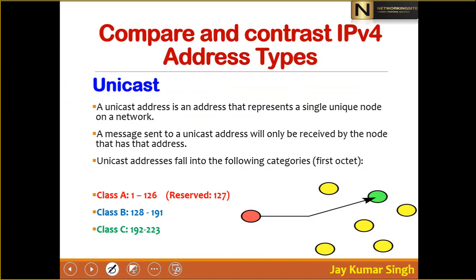Now, when we talk about unicast, what do you understand about unicast? Unicast means one to one communication, right? If I want to ping you, I will ping you. That is known as unicast communication, meaning sending data from a specific source to a specific destination.